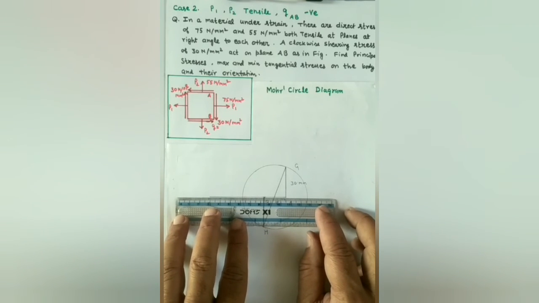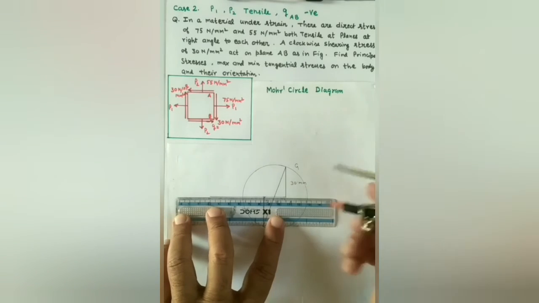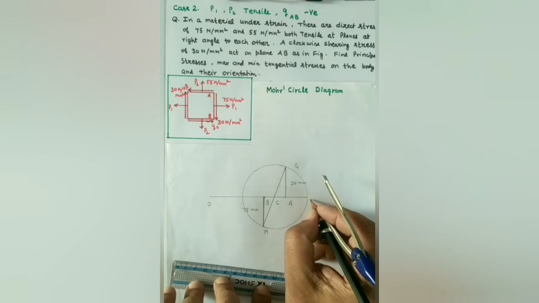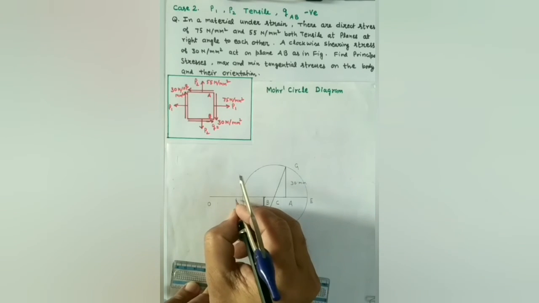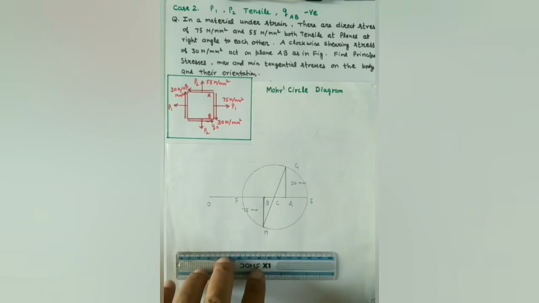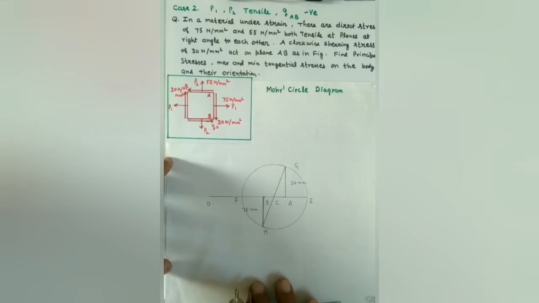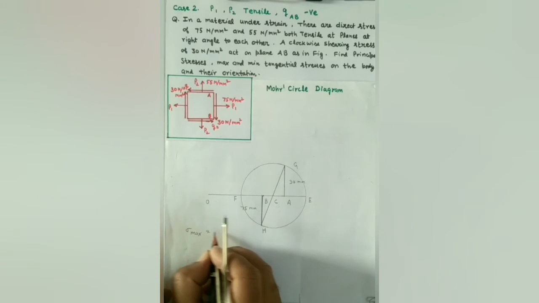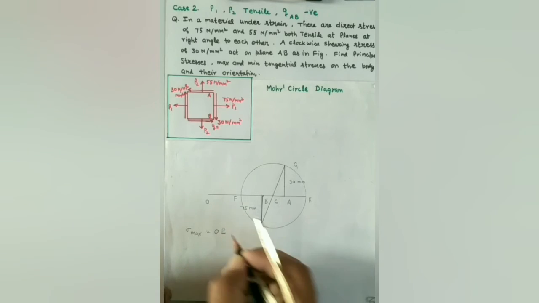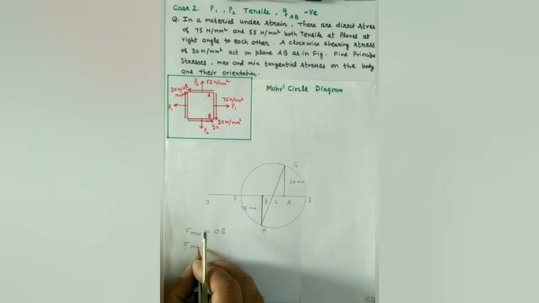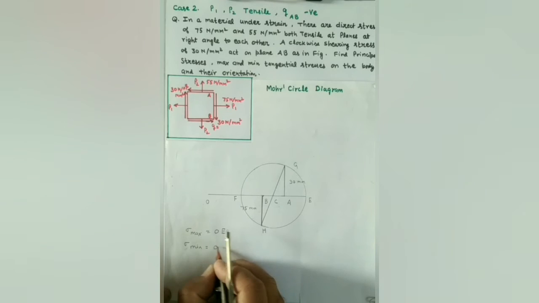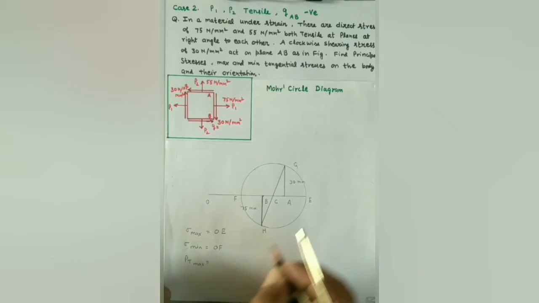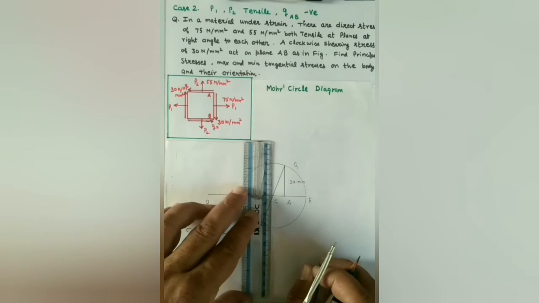The measured principal stress on the Mohr's diagram is the farthest point of the circle on the x-axis. Let this point be E, and the nearest point of the circle from the origin be F. Now sigma max will be represented by line OE, and sigma min by line OF. E is the farthest point of the circle and F is the nearest point of the circle on the x-axis from the origin.